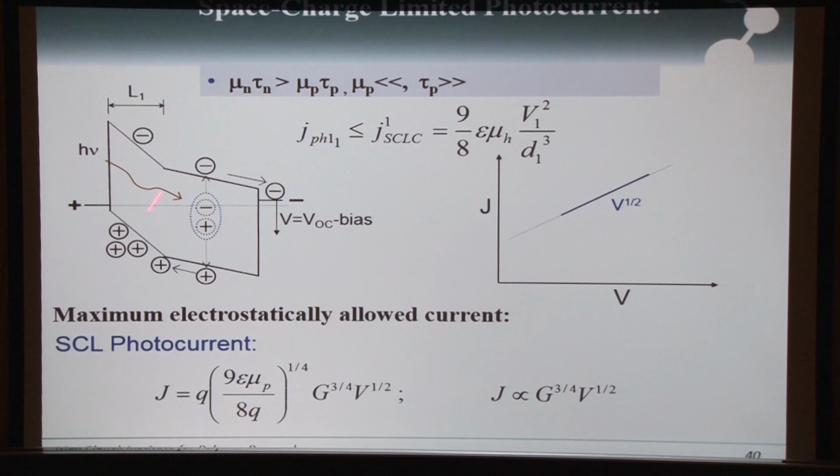Then they call that the space charge limited photocurrent. What happens then is that you also get a current that goes with the square root of the voltage, but now it's proportional to the light intensity to the power 3/4. This special case has never been observed, but it came out of the mathematics.